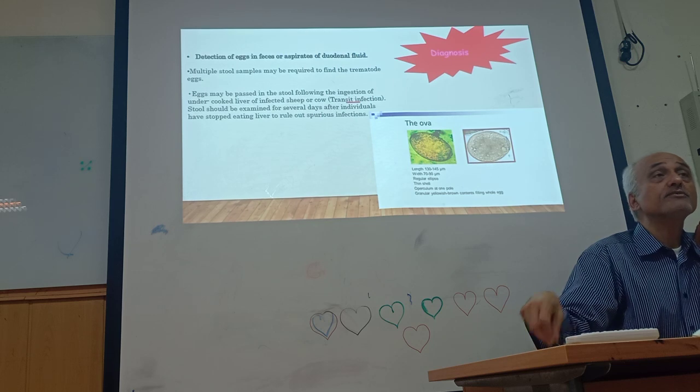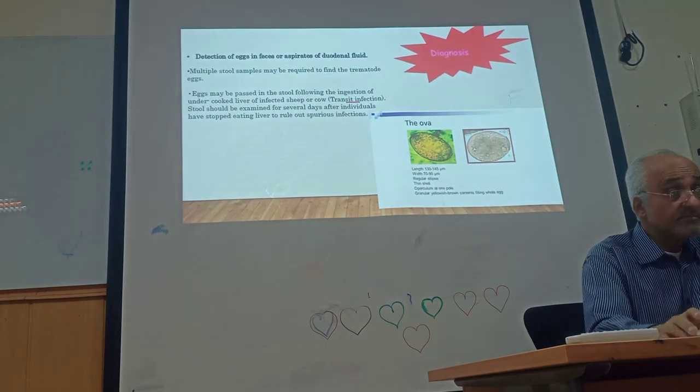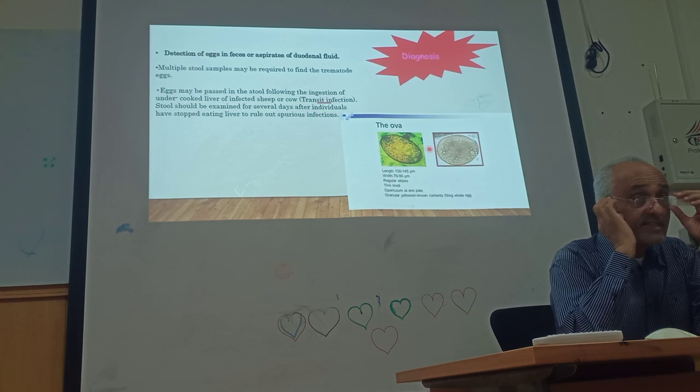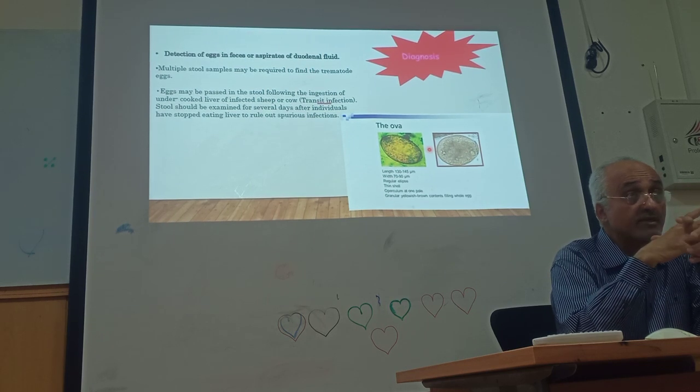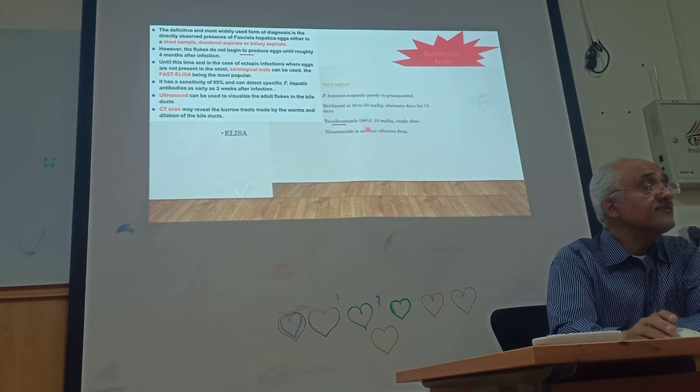This is very important to take into account. The eggs are very typical, and they are more than 100 micrometers, so they are easy to distinguish when you are looking microscopically for parasites. The definitive and most widely used diagnosis is direct examination of feces.